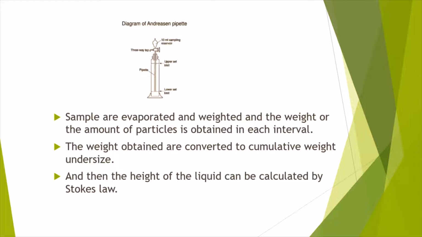So this is the diagram of the Anderson pipette. Here you can see the pipette inside the cylinder, then the lower end level, then the upper end level, and here the 10 ml reservoir is there.